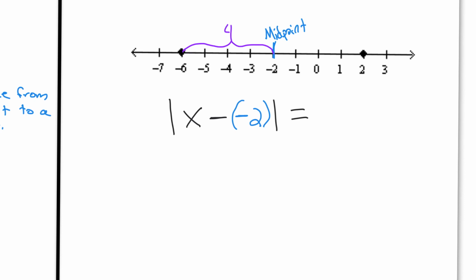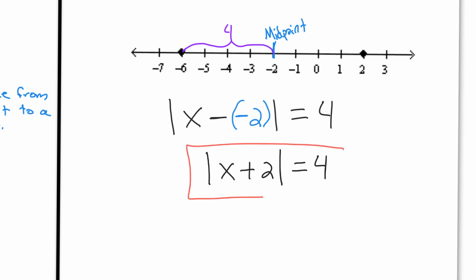And you can count from the midpoint, 1, 2, 3, 4. So I'm going to put a 4 after the equal sign. Now I am going to simplify this double negative, so that's going to turn positive. So I'm going to have the absolute value of x plus 2 equals 4. And that is my answer.